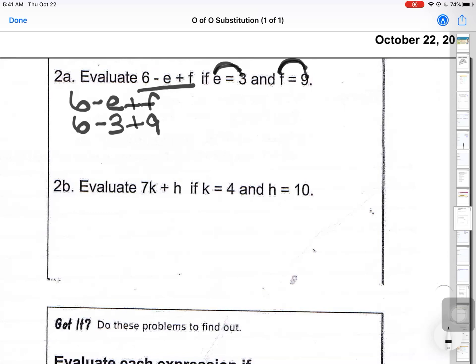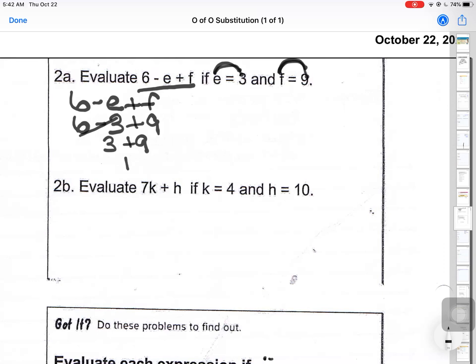Now we have order of operations: no grouping symbols, no exponents or roots, no multiplication or division. So we're down to addition and subtraction. And we want to add or subtract whichever comes first. In this case, subtraction comes first. So 6 minus 3 is 3, plus 9.